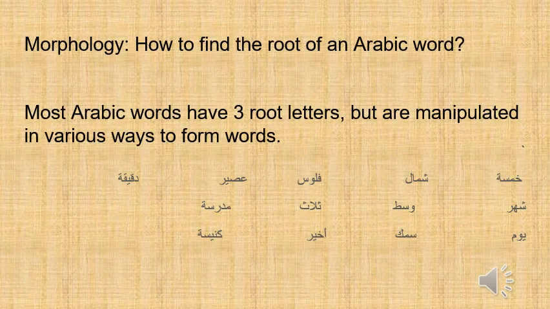So let's start with a point of morphology, and then we'll close the day with this. This is something you can work on Thursday, and Hanan will direct you with this.